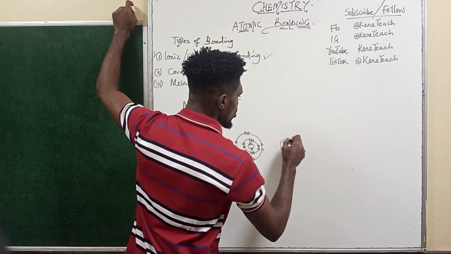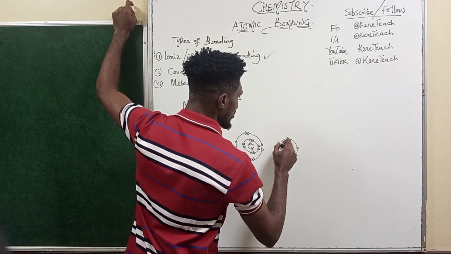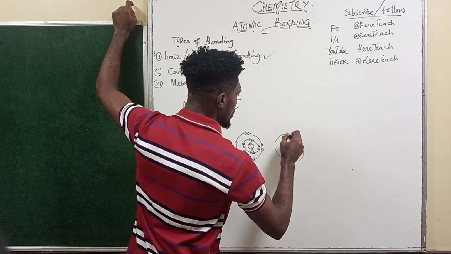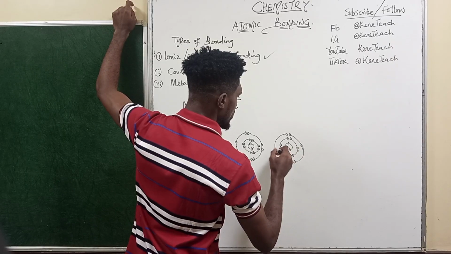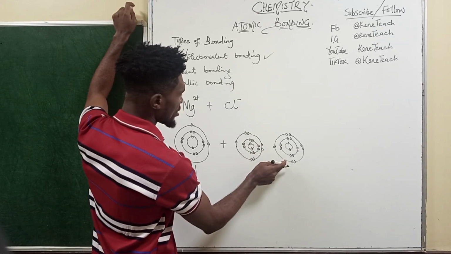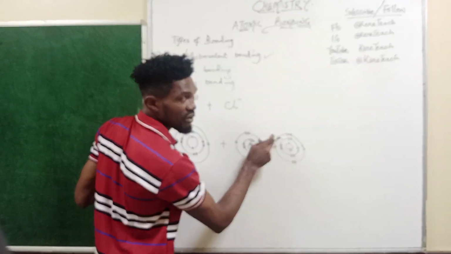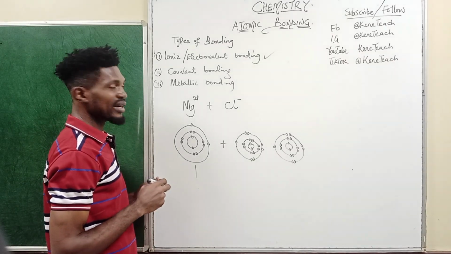So, in order not to confuse ourselves, it's better I explain it this way. So, this is chlorine, this is chlorine. One of these electrons will go here, one of these electrons will go here. I think that is very self-explanatory now.